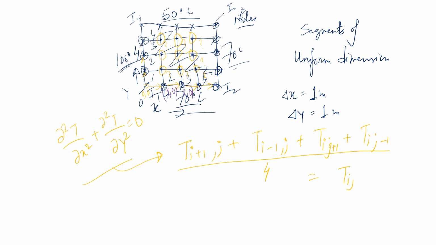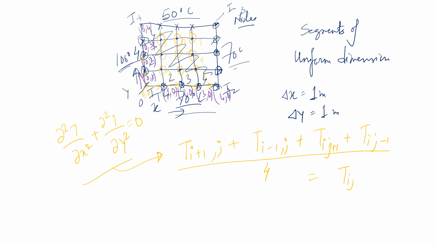This is 2, y same, this is 3, y same, this is 4, y same at the 0 point. And when we move towards the Y direction, this is 0,1, this is 0,2, this is 0,3, and this is 0,4.